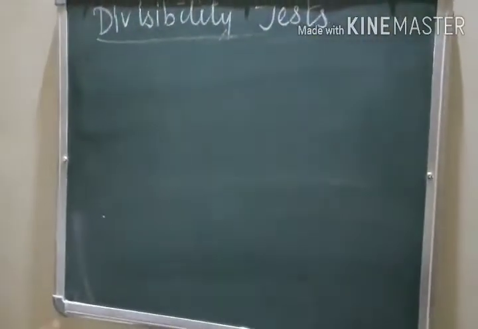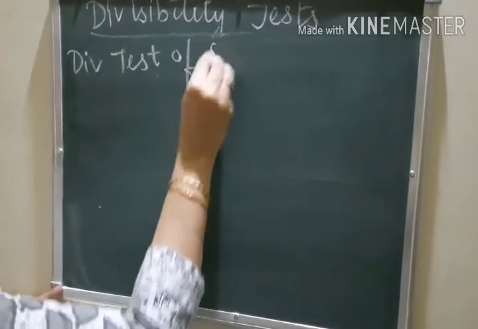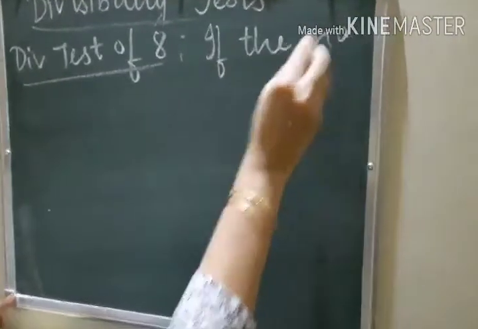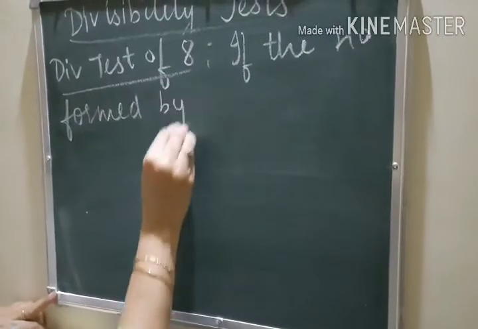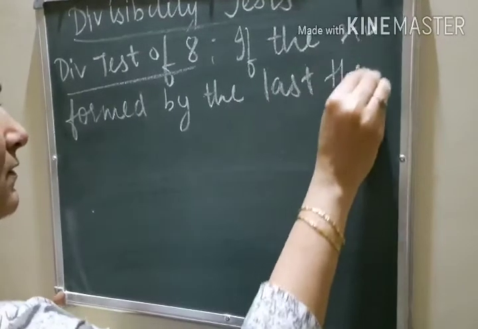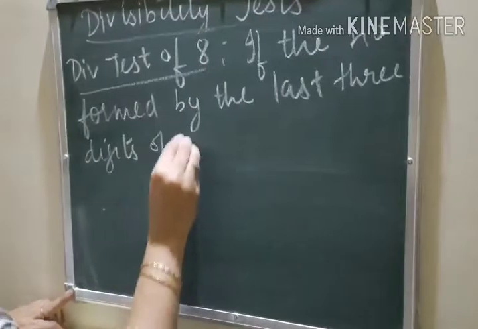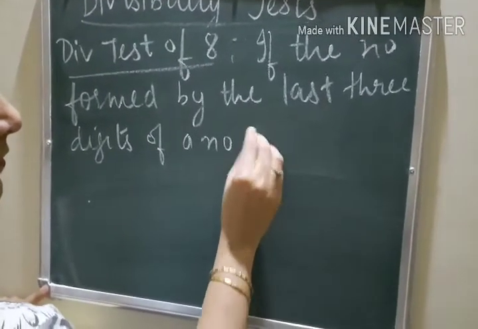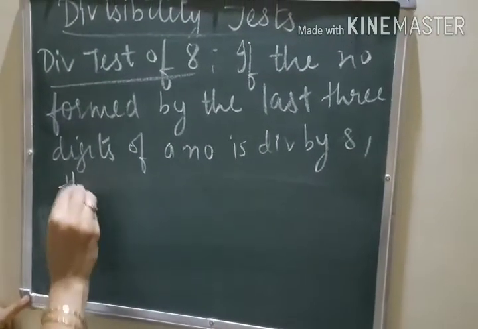Now next is the divisibility test of 8. If the number formed by the last 3 digits of a number is divisible by 8, then the number is also divisible by 8.